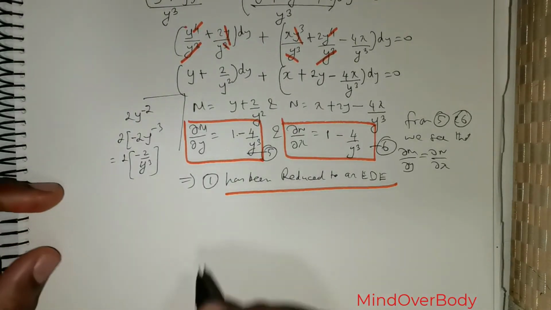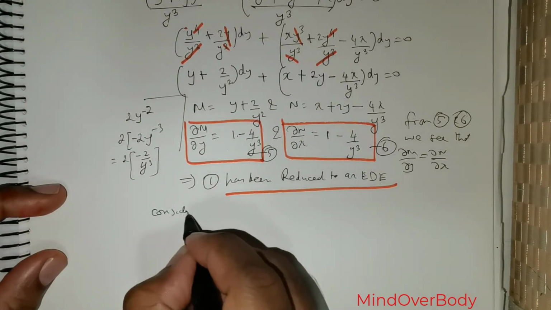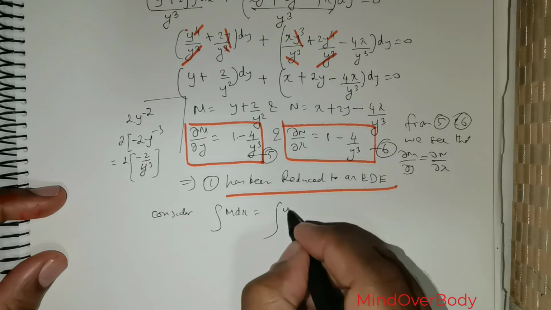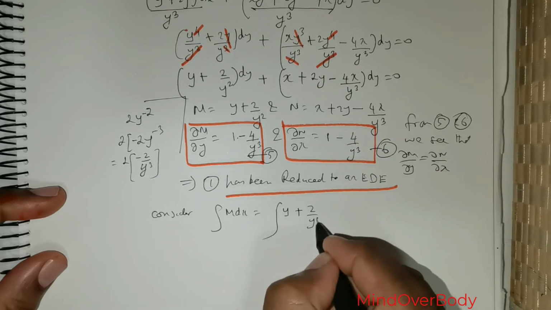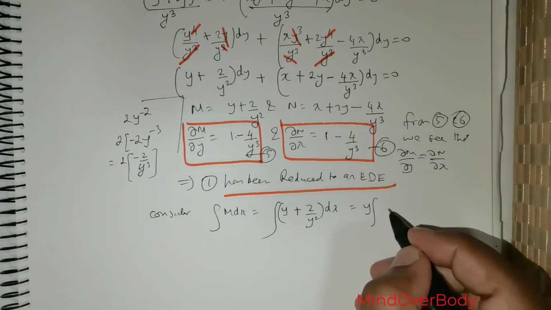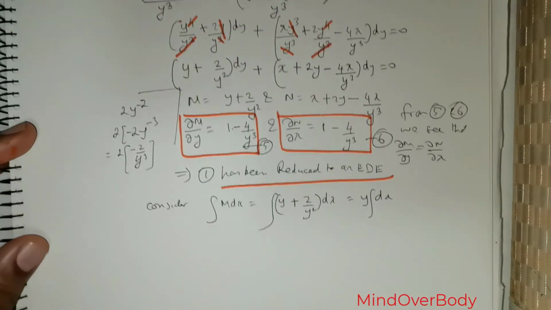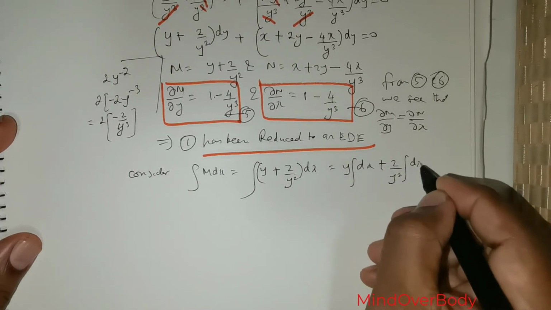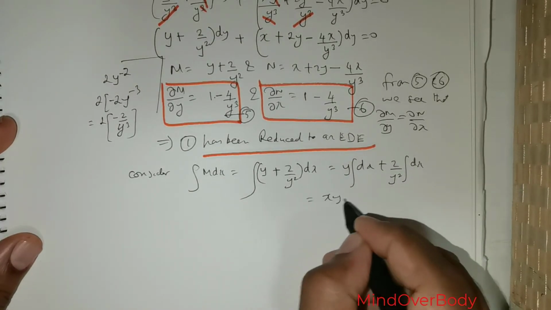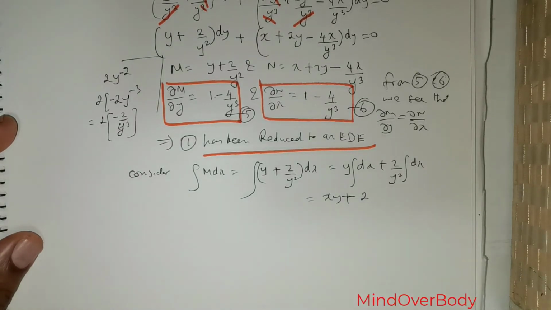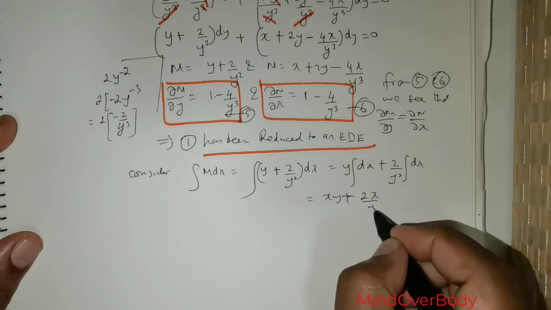So now we will consider the integral of M dx, which is nothing but the integral of y plus 2 over y squared times dx. I'm going to take y out as a constant, so this is the integral dx plus 2 over y squared integral dx, which is going to be xy plus 2 times x over y squared.